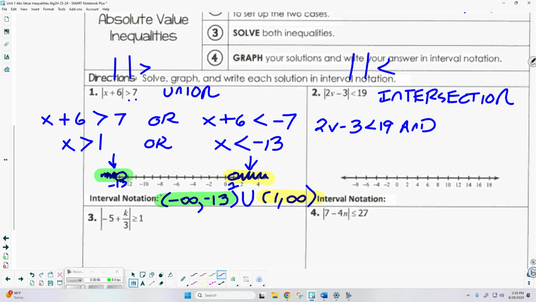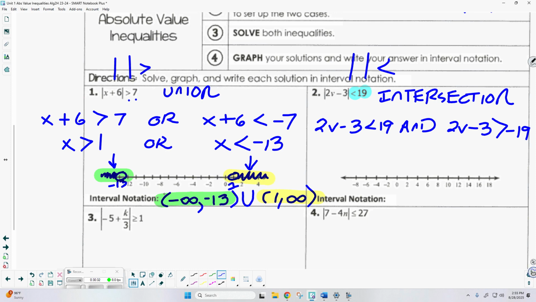And switch. What am I switching? Okay, so what's my next inequality? 2v minus 3 is now greater than negative 19.